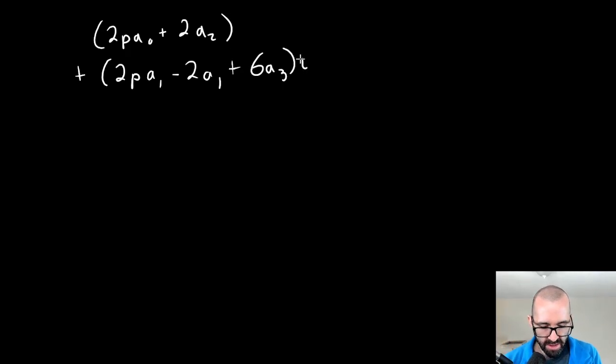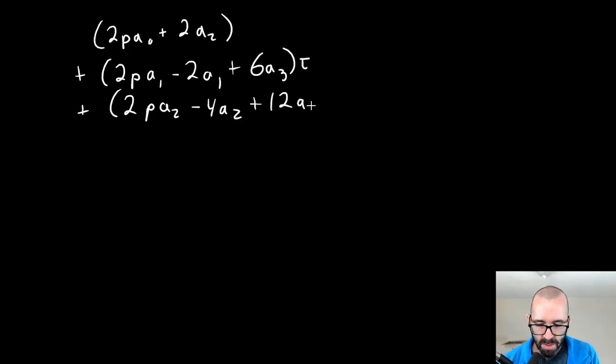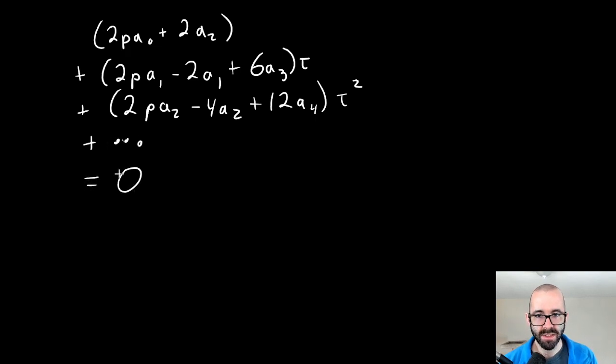I'll look into that later, or you can catch it for extra credit if it is. Times 2p times a2 minus 4a2. All right, I don't think it's a typo. Plus 12a4 t squared plus ... equals 0.